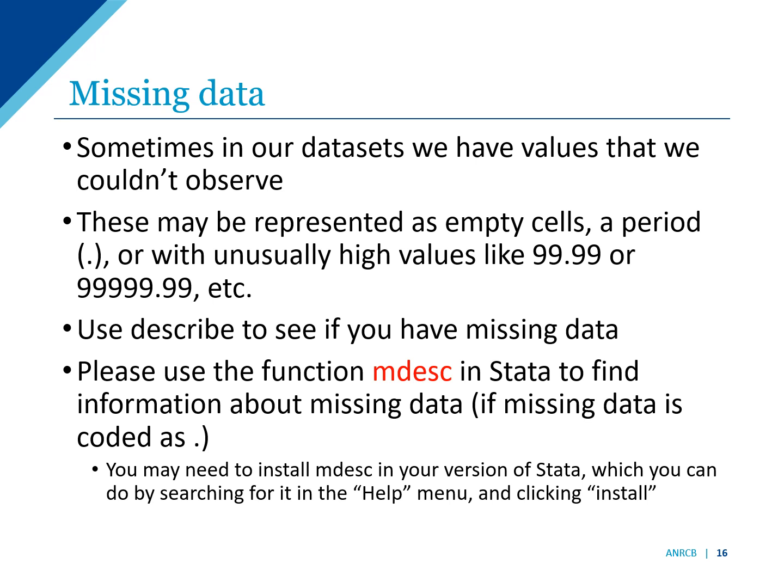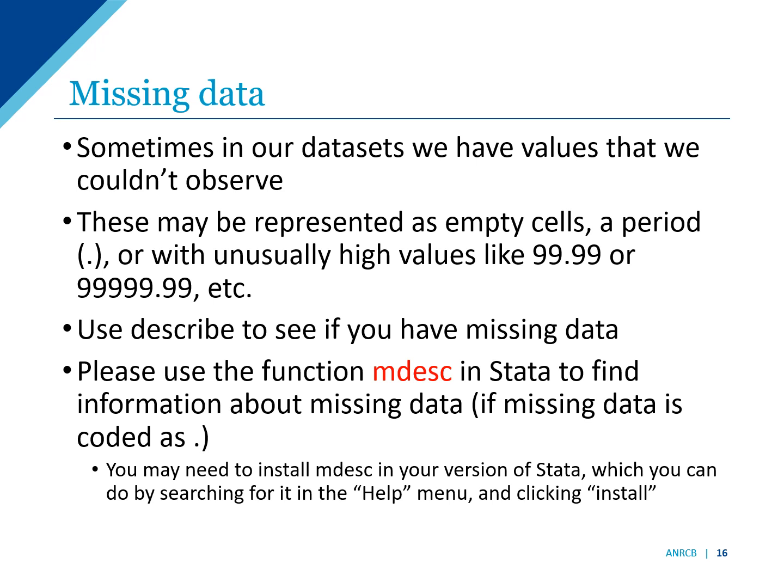Sometimes in our data sets, we have values that we couldn't observe. These may be represented as empty cells, a period, or with unusually high values like 99.99 or 99999. You can use the describe function to see if you have missing data.